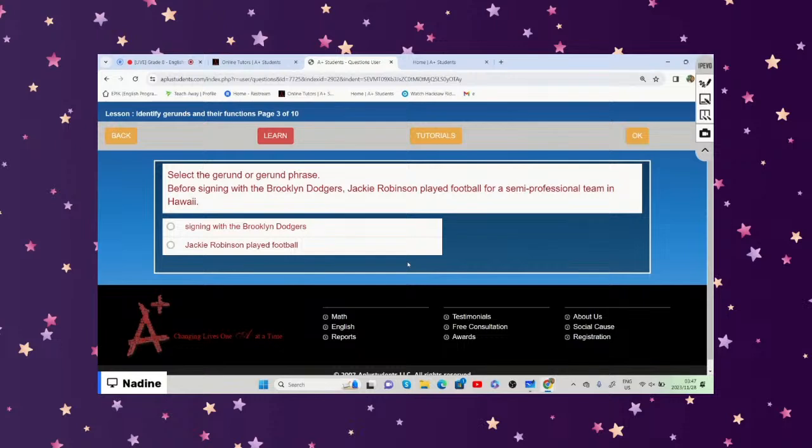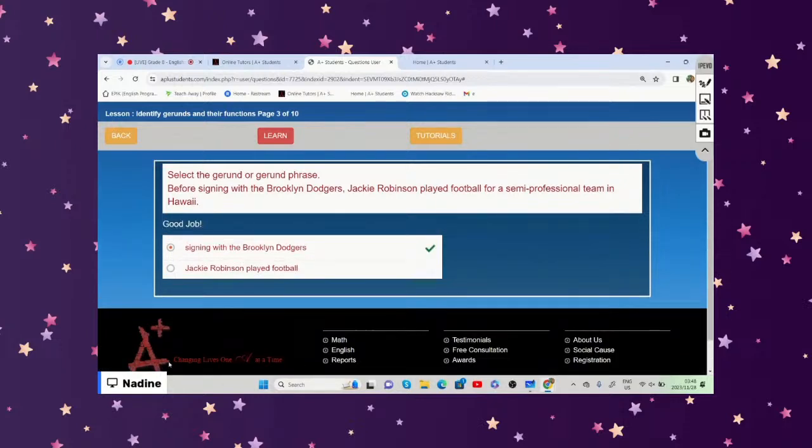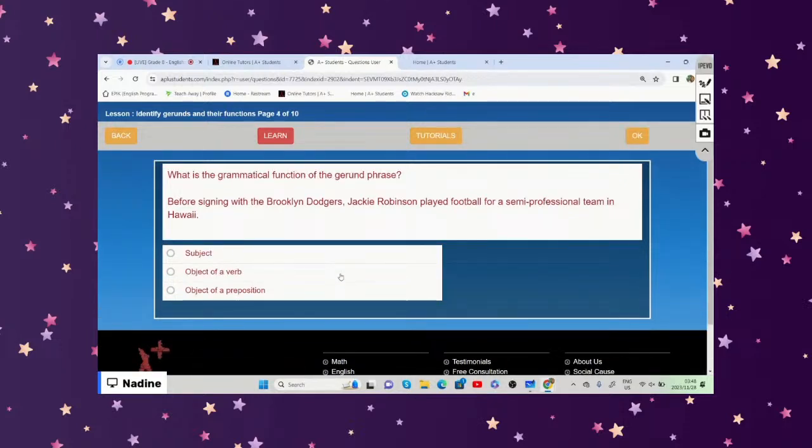If we were to select the correct one, we would say signing with the Brooklyn Dodgers. So signing being our gerund. So well done. Signing with the Brooklyn Dodgers is correct.